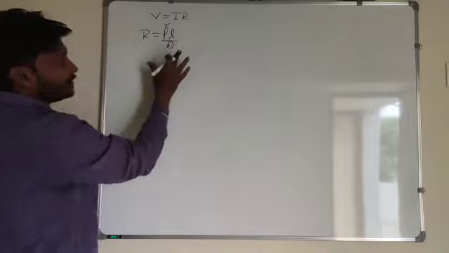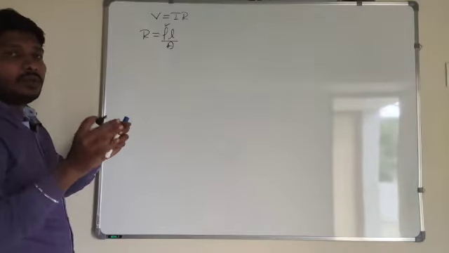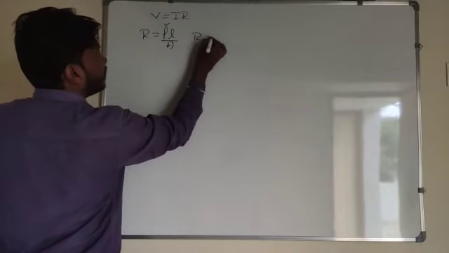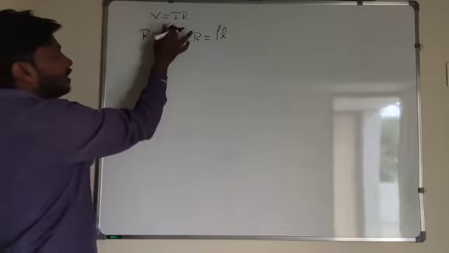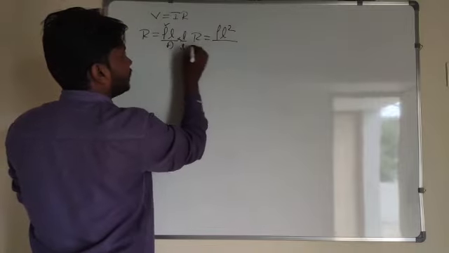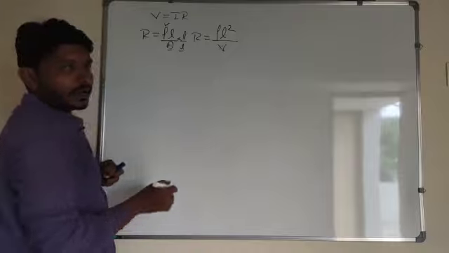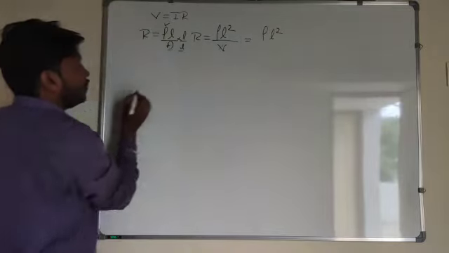However you change the length and area of the resistance wire, the volume of the wire will remain the same. For that purpose we have another expression. Multiply and divide rho L by L, so we get rho L squared divided by area into length, which is volume.